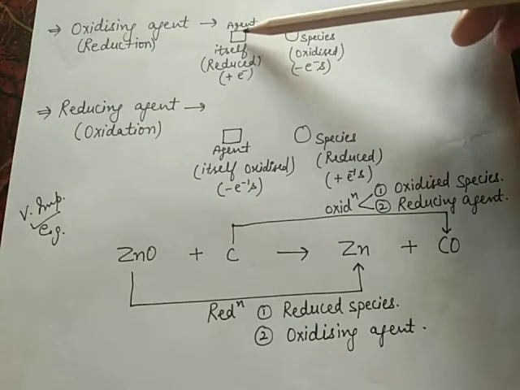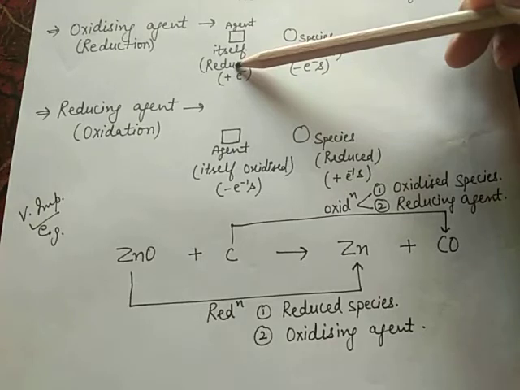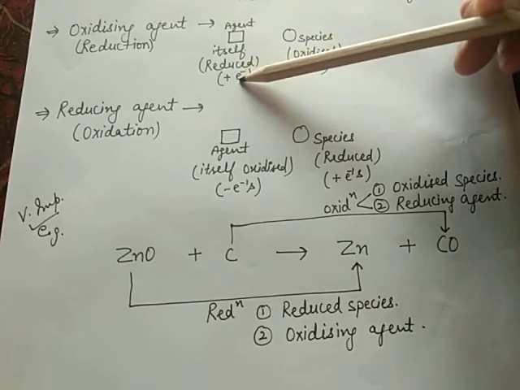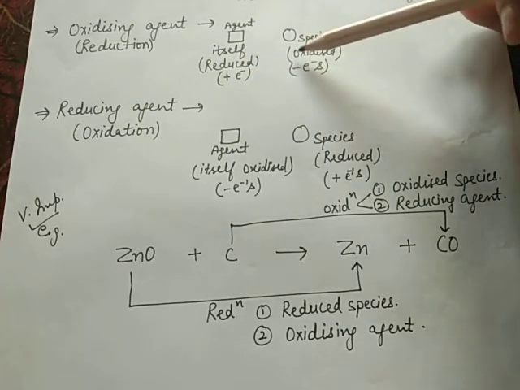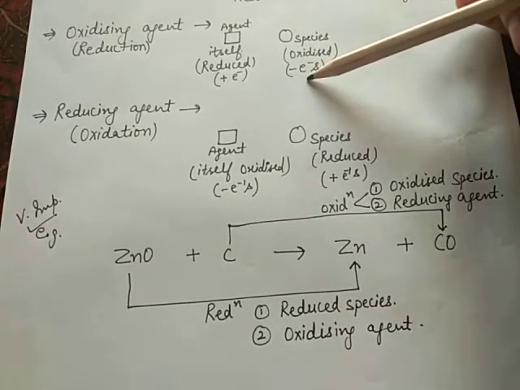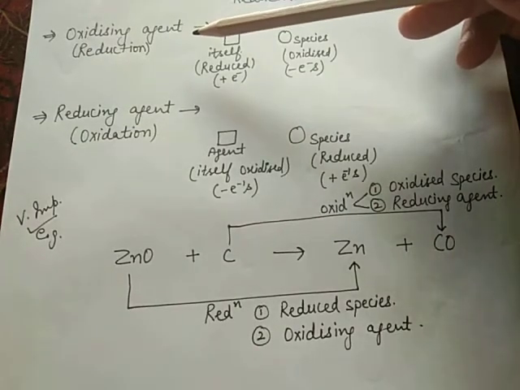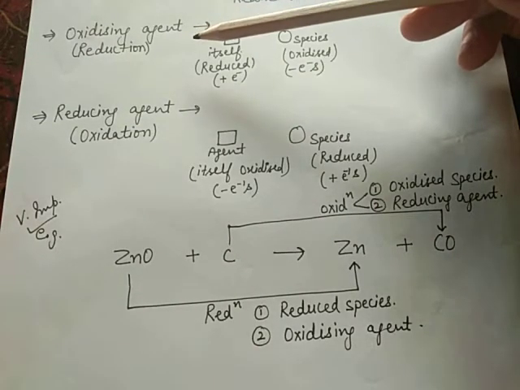Agent means itself it reduces, means gain of electrons. Species means oxidized. Oxidized means loss of electrons. Means you can say that the oxidizing agent itself undergoes reduction.